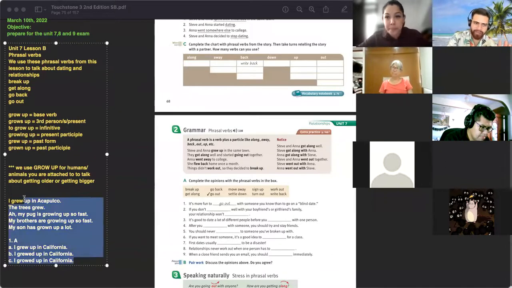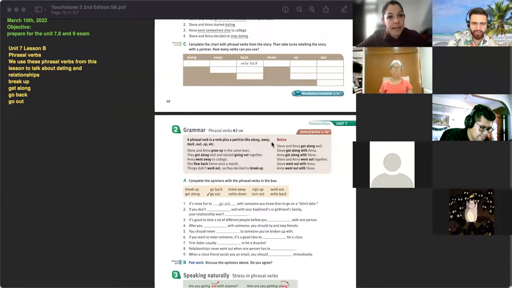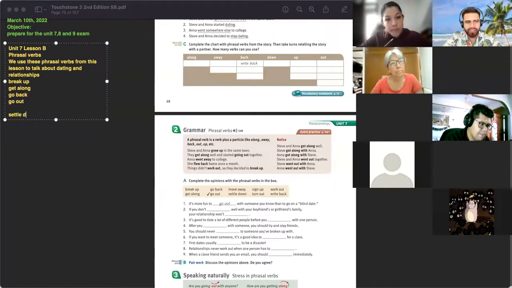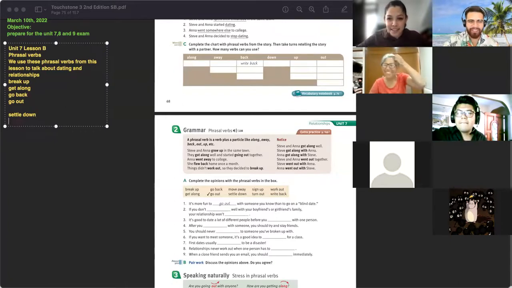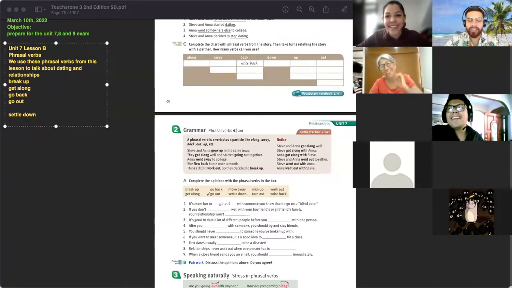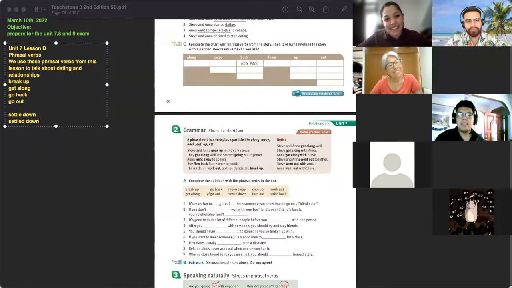All right, well, that's it for grow up. It is not the only verb that's going to come on the test from this lesson. There are also two more verbs. You need to know what settle down is. Do you remember what it is? Sentar cabeza. All right, so settle down. In the past, it would be settled down.